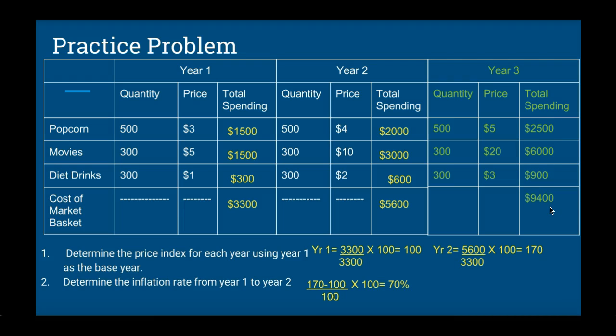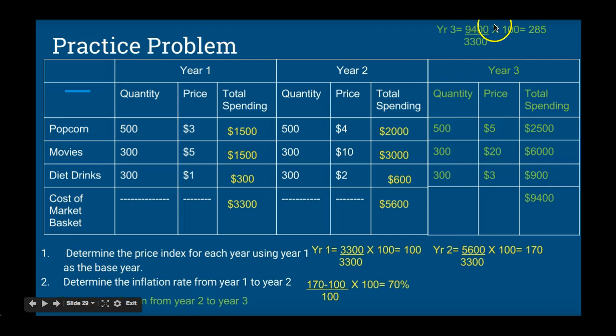Okay, before we can get to the inflation rate, we have to figure out the price index for year 3. So for year 3, I have to take the total cost of my market basket, which is 9,400, and divide by 3,300, because I'm determining the inflation rate from year 2 to year 3.